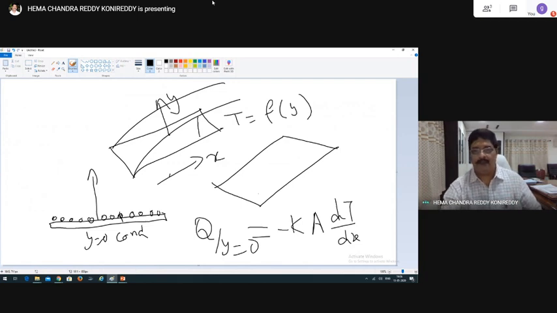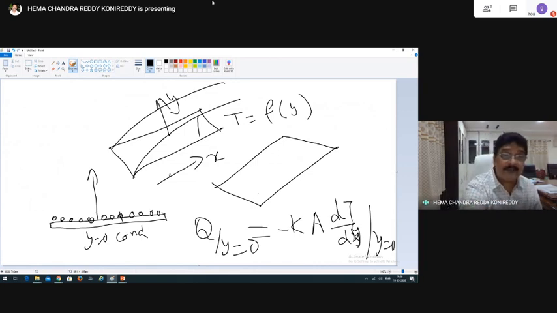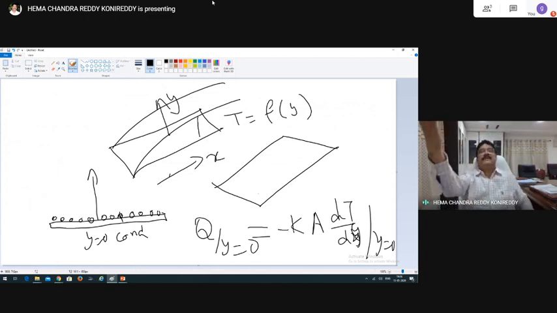In this case, heat transfer is moving in this direction, so therefore it is dT by dy, where at y is equal to 0. Because only at y is equal to 0, conduction heat transfer is happening. The remaining is convection heat transfer, because thereafter the layers are moving and therefore it is convection.